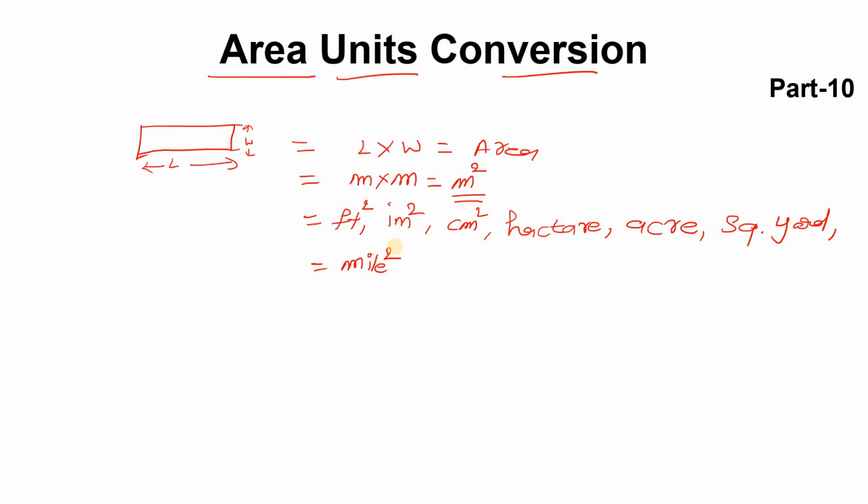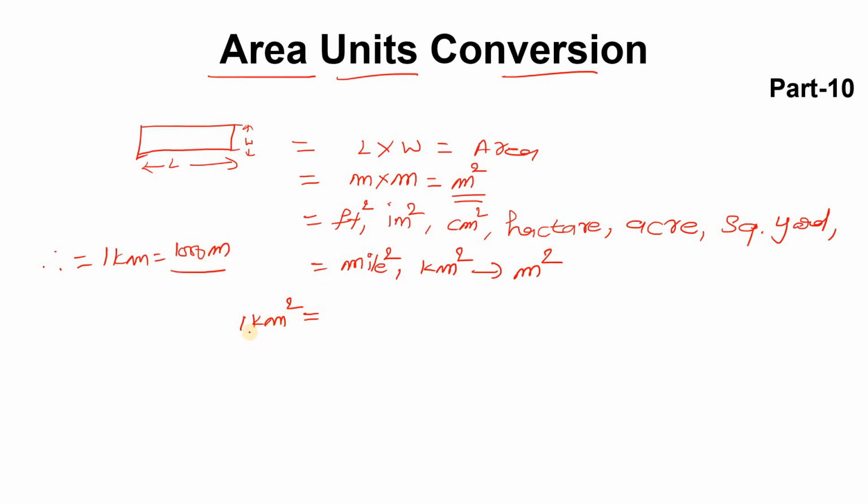Here I mentioned one more, kilometer square. If I talk about how to convert kilometer square into meter square, what will it be? Let's convert 1 kilometer square. As we know, 1 kilometer is equal to 1000 meter.